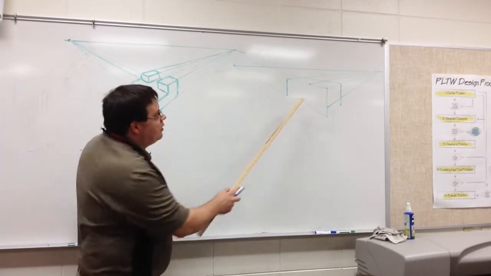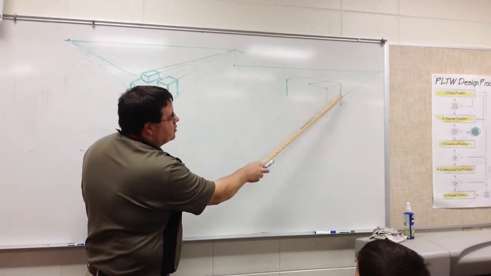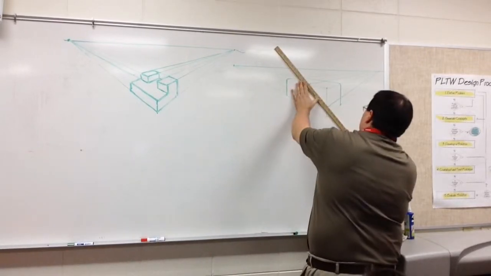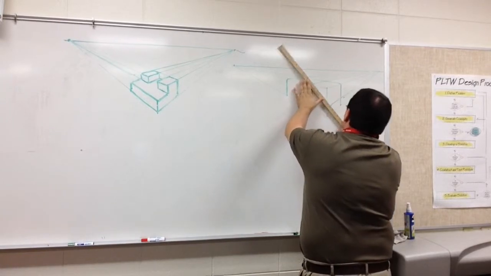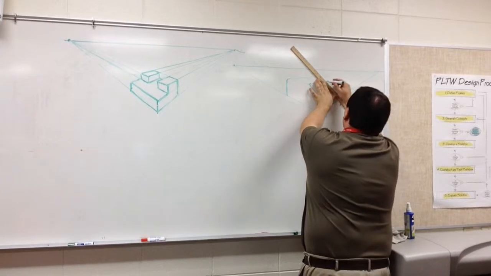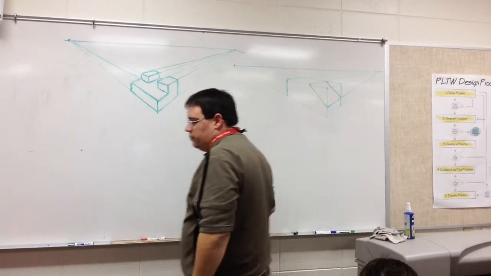So I've got a slanted line that's going to connect this point to this point, and a slanted line that's going to connect this point to this point. So I'll draw those in. And the shape is done.